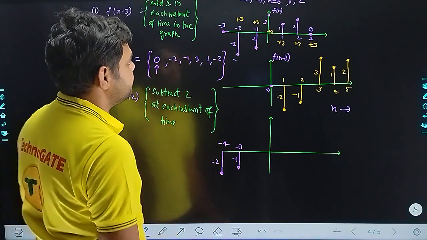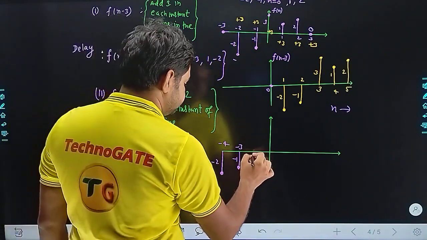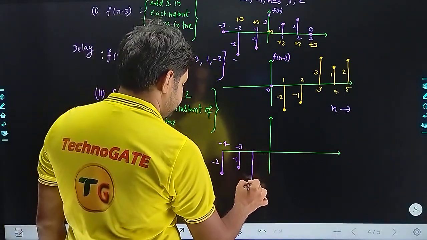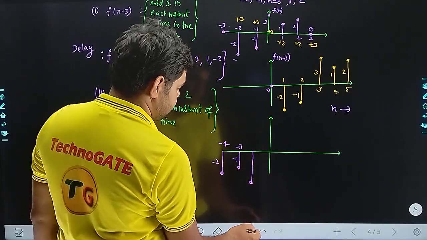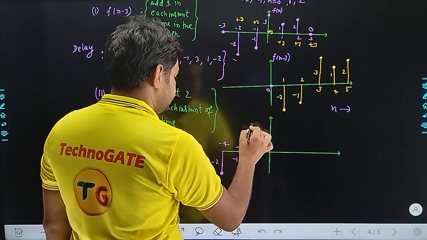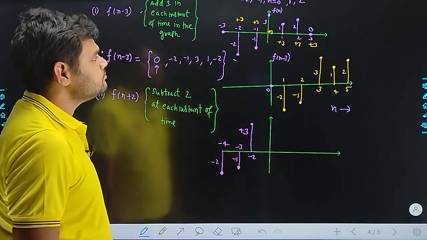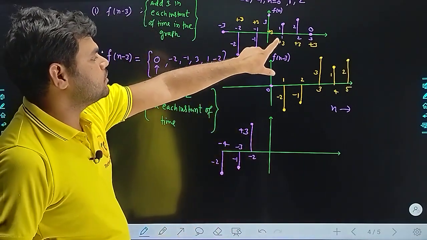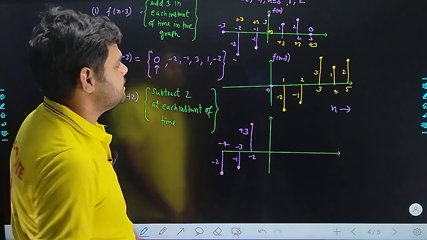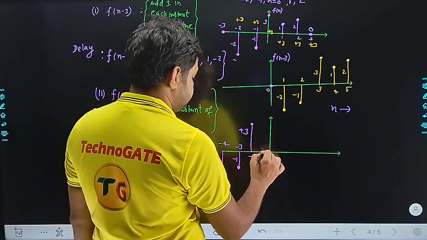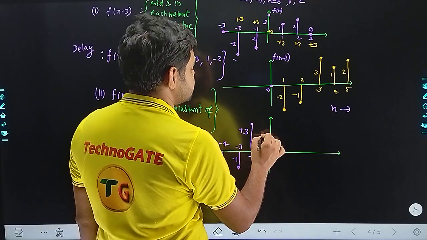N is equal to 0 sample, which has plus 3 value, will reach at minus 2. And n is equal to 1 sample will reach at minus 1, somewhere here, with sample value 1.